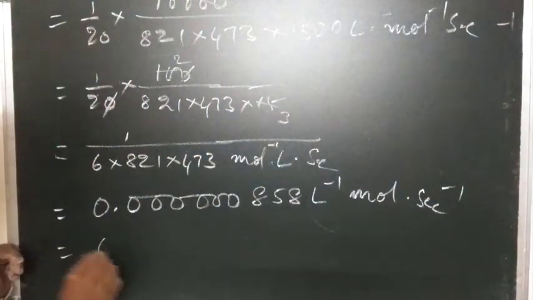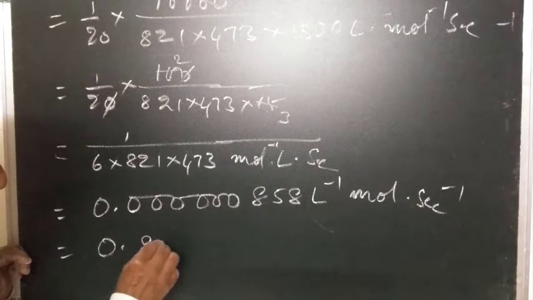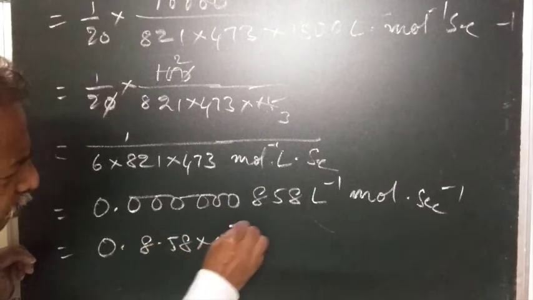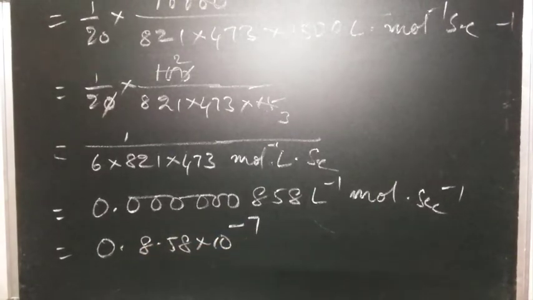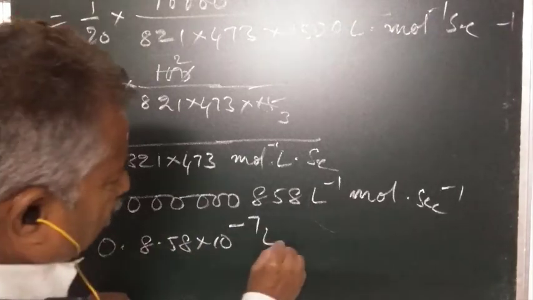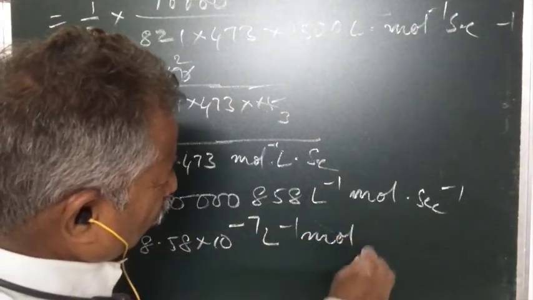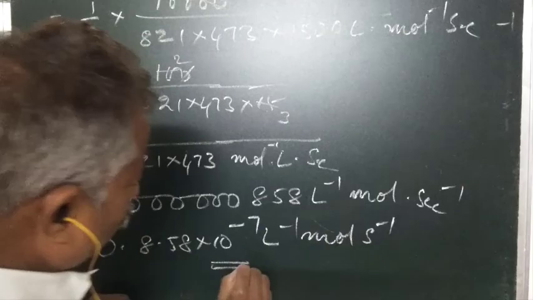So this can be written as 8.58 into 10 to the power minus 7 liter minus 1 mole second minus 1. So this is the problem. We conclude this module here. Thank you.